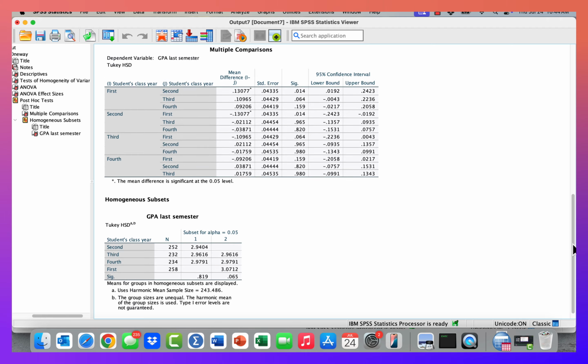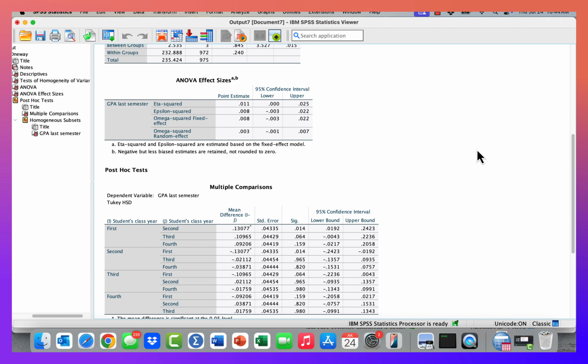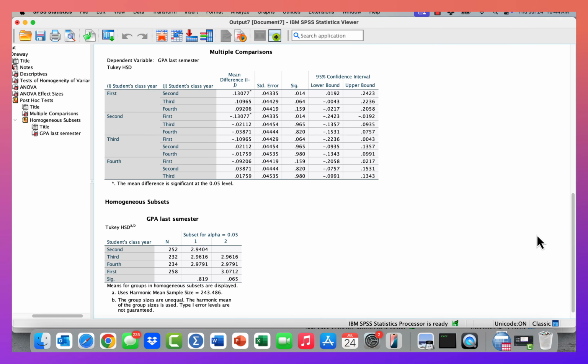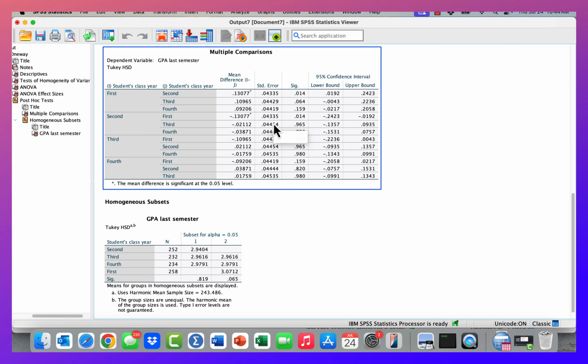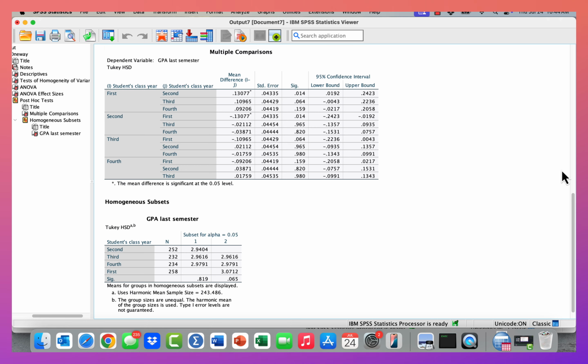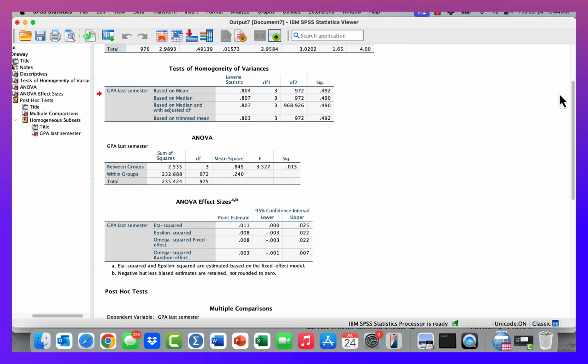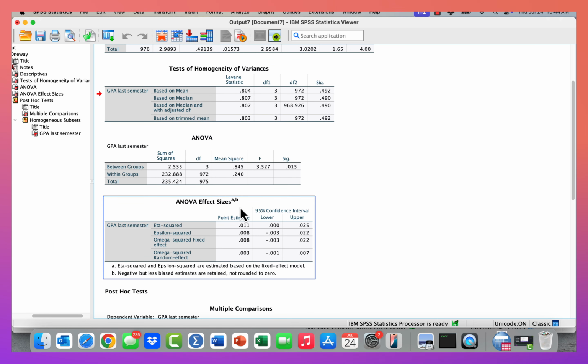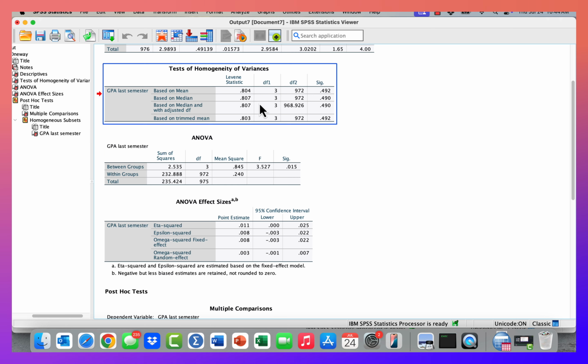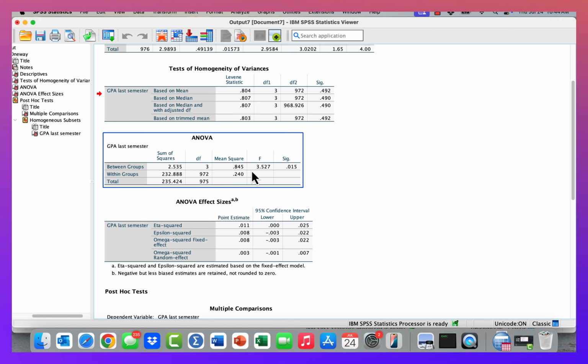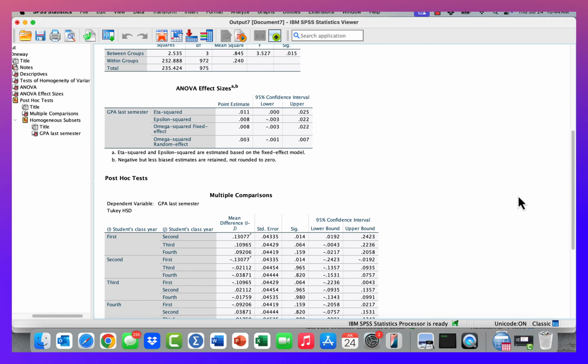SPSS also gives some other output, and this can be helpful in different contexts, but the basic output that I use when I'm doing ANOVAs is this: first of all, the test of homogeneity of variances, then the omnibus test, and then looking down here at the mean differences.